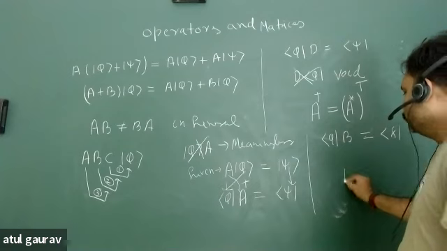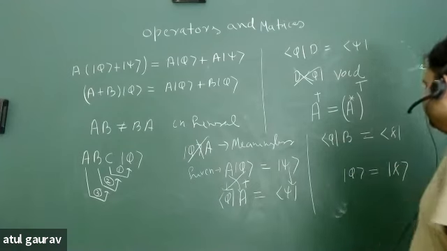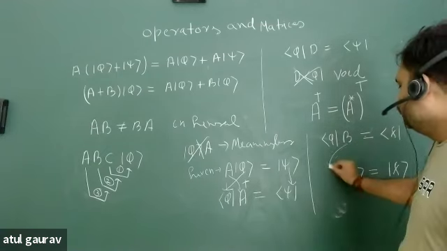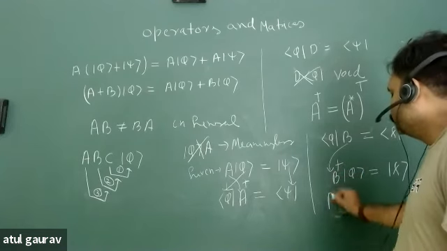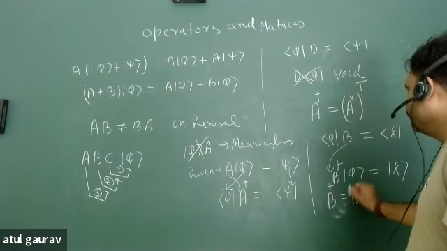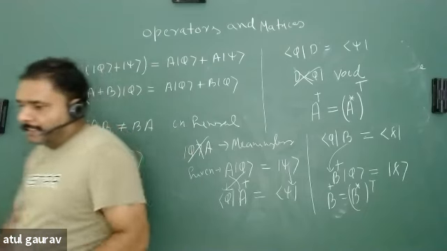Now my question is, what will operate on phi ket such that I will get chi ket? We again have to go for B dagger. And what is B dagger? B dagger is nothing but B star, and we take the transpose. So this is a very interesting thing.